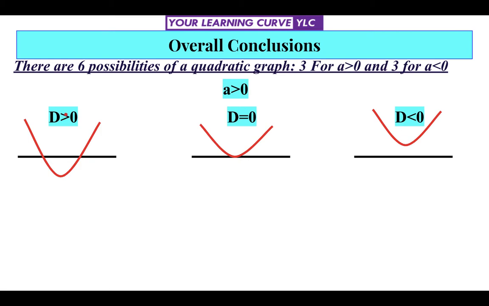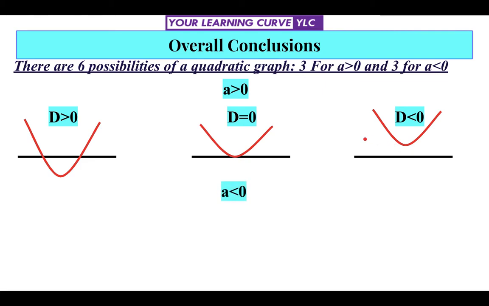The more D goes closer to 0, the more the graph shifts upwards and comes closer to touching the x-axis. When D is equal to 0, the graph touches the x-axis, and when D reduces further, the graph shifts upward and it is above the x-axis.